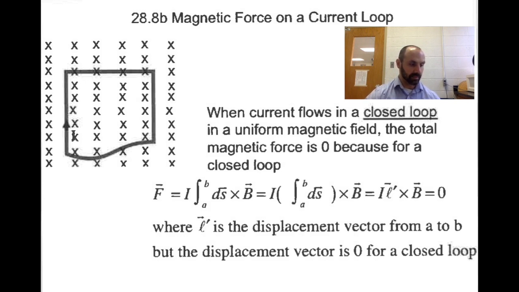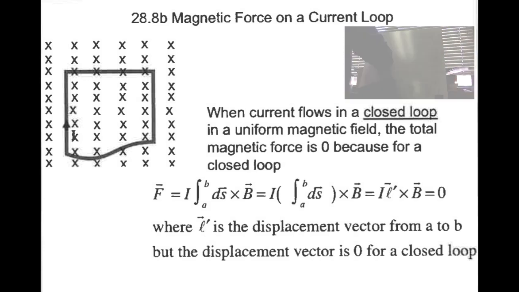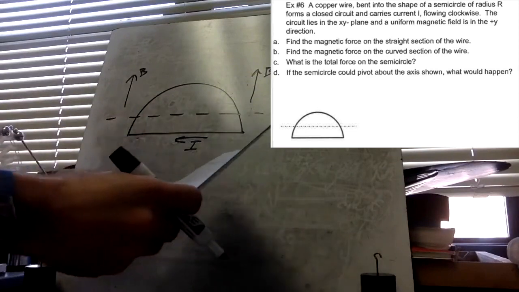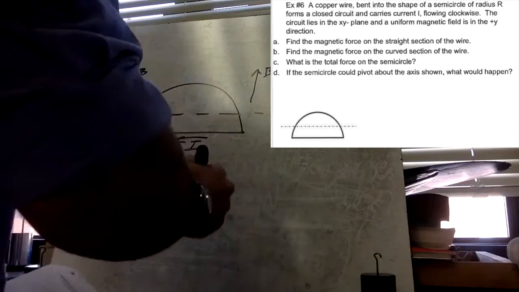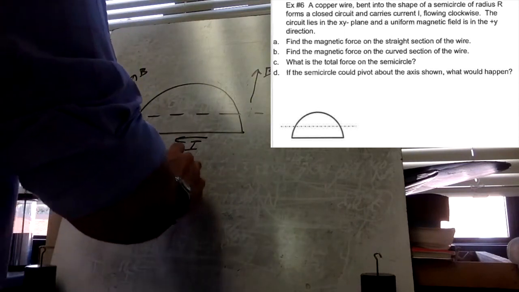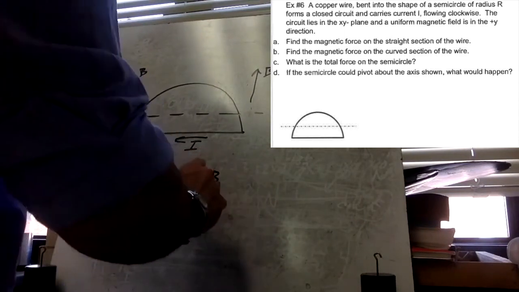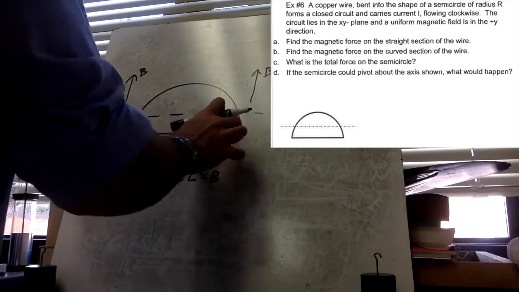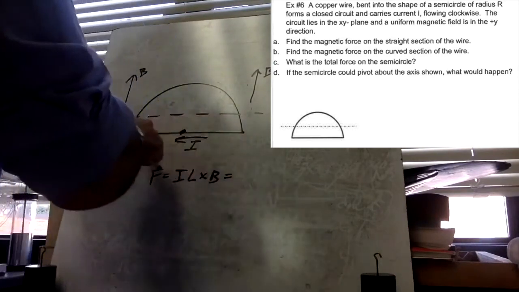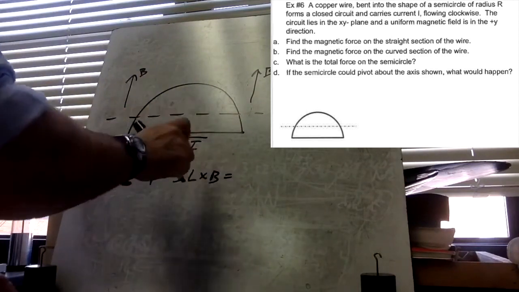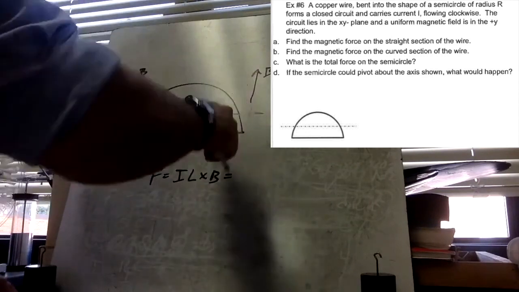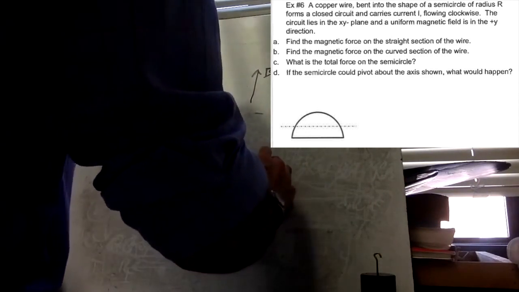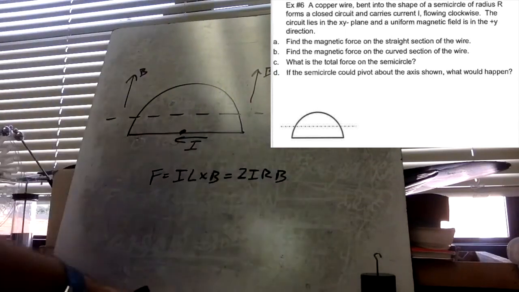And then in example 6, let me draw this one. A says find the magnetic force on the straight section of the wire. Well, for the straight section of the wire, the force F is IL cross B, but L here is 2 times the radius, and the length vector is perpendicular to B, so this is just going to be 2IRB.